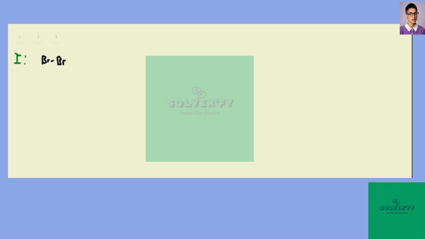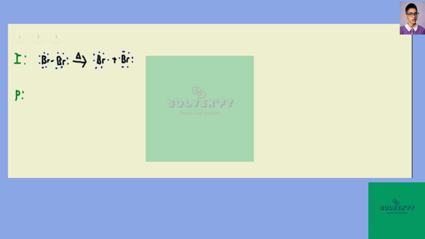The first thing that's going to happen is that our bromine-bromine bond is going to break when we heat this, and so we will get two bromine radicals. There's our initiation step.